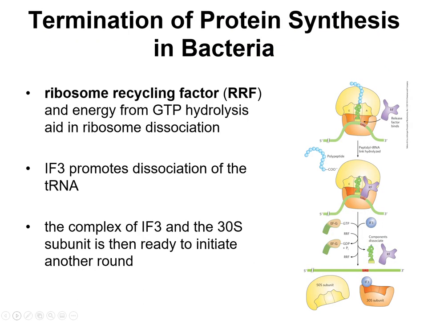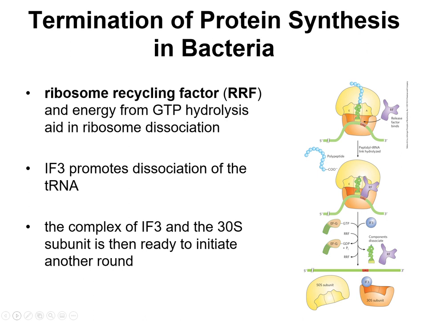So to carry on in bacteria, once we have released that protein, we also need to release the ribosome and recycle it. The ribosome recycling factor, or RRF, uses GTP hydrolysis to help the ribosome dissociate.